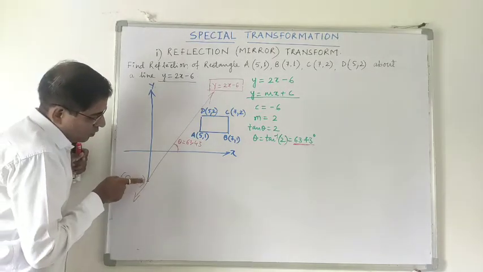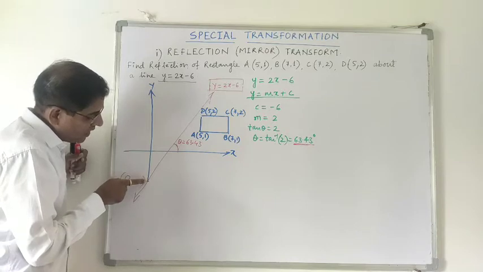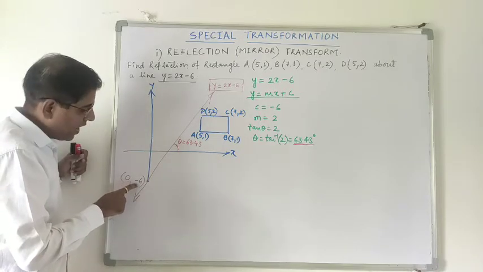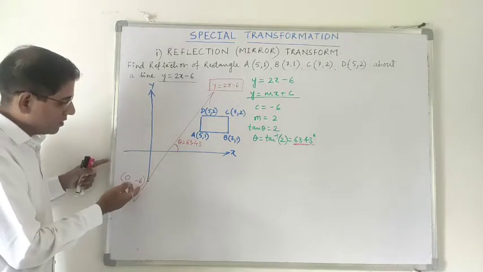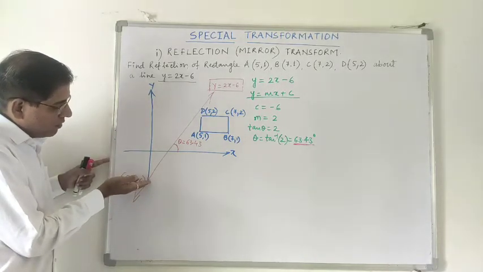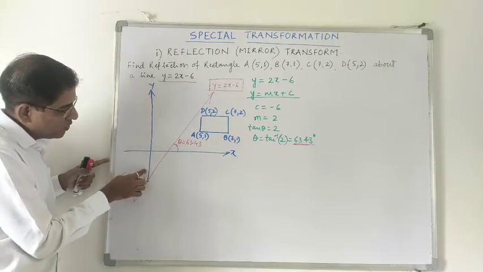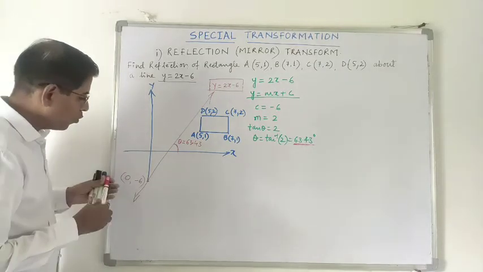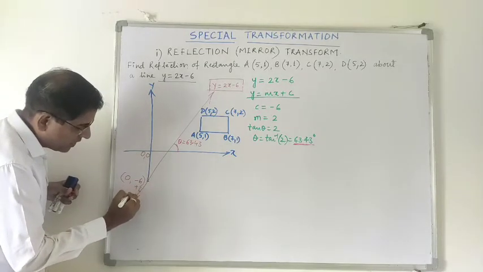Now to make this line pass through the origin, we have to translate by tx equal to 0 and ty equal to 6, because we need to translate this line by 6 units in the positive direction. To make it (0,0), we need to add 6 here.